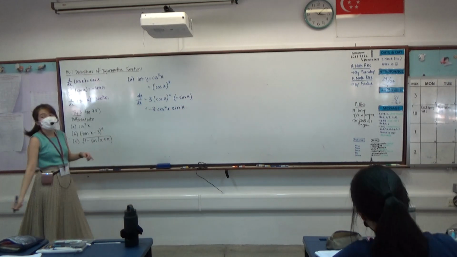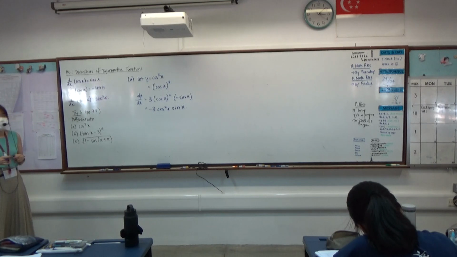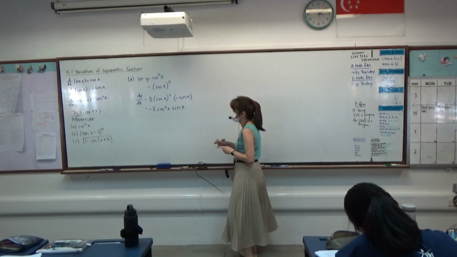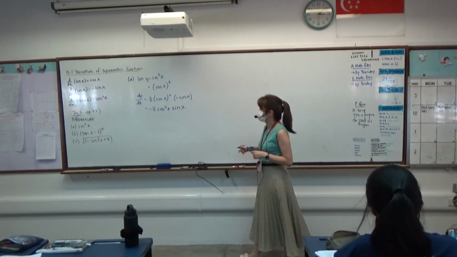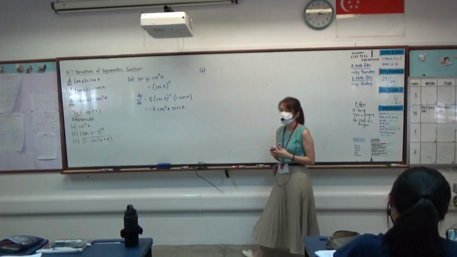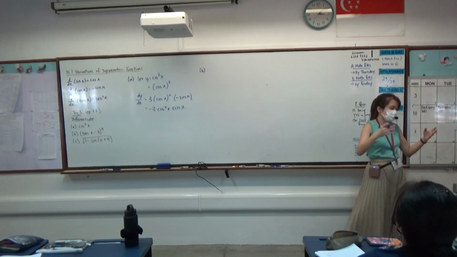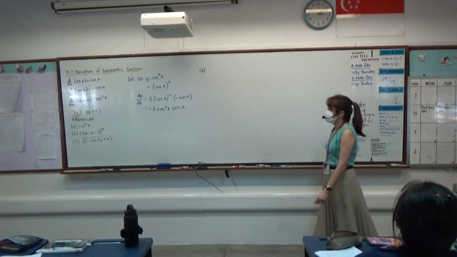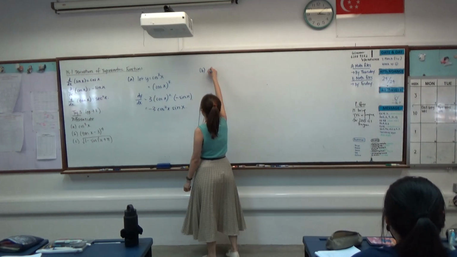Therefore, the differentiation of cosine cube x is negative 3 cosine square x sine x. Right, so it's always bring down power, differentiate inside, everything that's inside. Then next we look at part B.